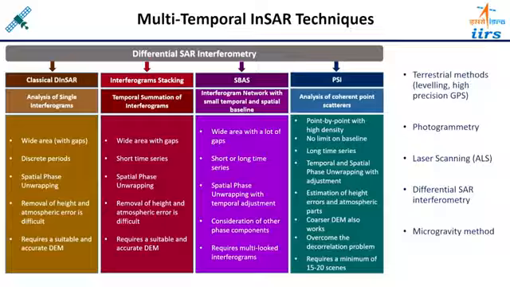So people started thinking that if we combine these advanced techniques and generate hybrid techniques in such a way that the disadvantage of one technique can be overcome by the advantage of the other, for example, the disadvantage of SBAS overcome by the advantage of PSI and vice versa, then the overall performance of the combined, joint or hybrid method will be better than the performance of the individual techniques.